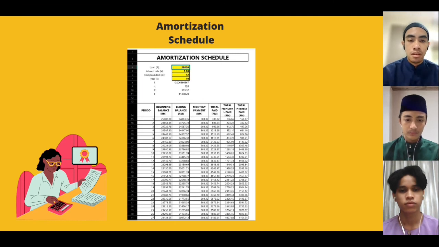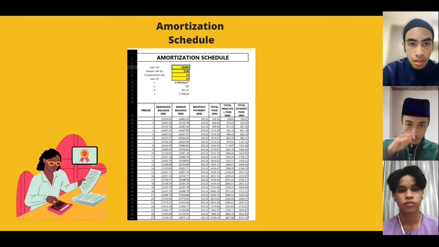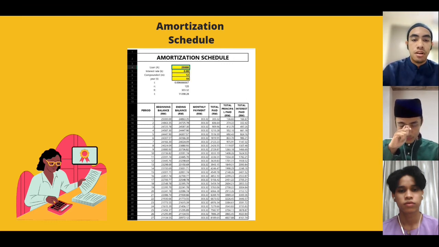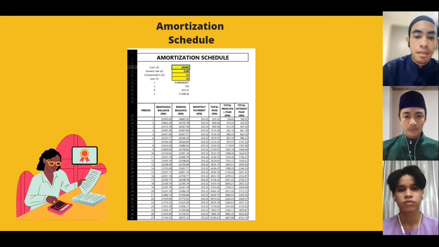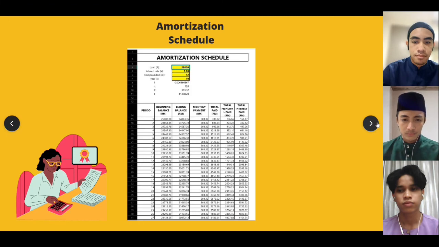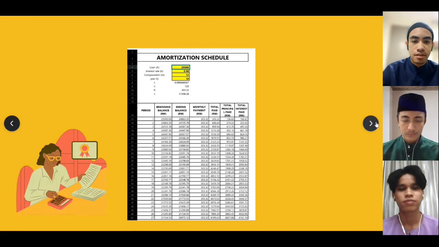After that we can check our answer to see if it is as it should be, and this is the result of the amortization schedule.